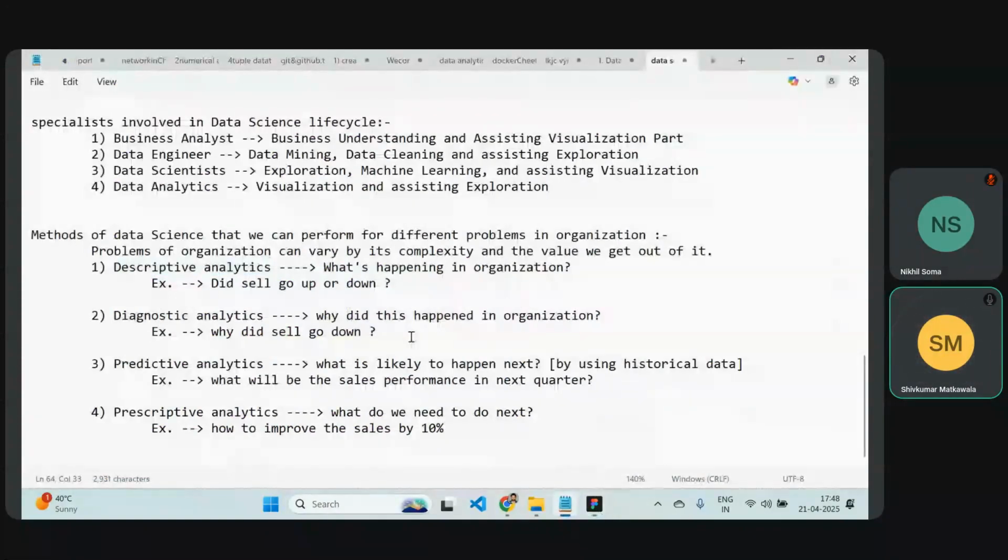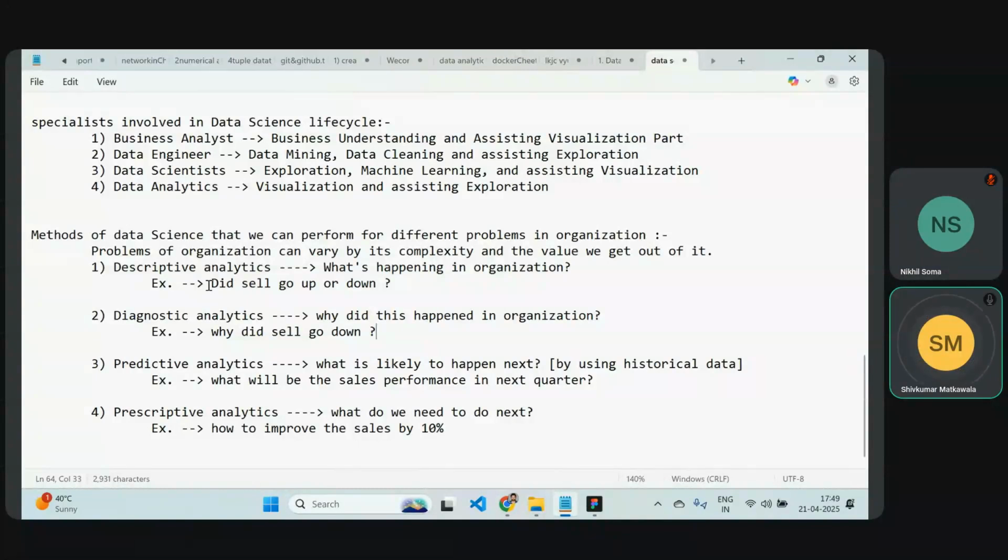With this, you have the data and you're asking the model a question, like what's happening in my organization or in my business. Like I told you before, whether I am in a profit or loss. To know that, you ask what's happening in my business, and those kinds of answers you get through descriptive analytics. Descriptive analytics is the first methodology of data science.